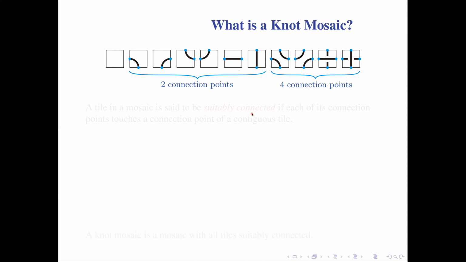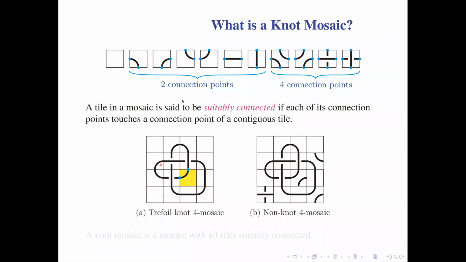Next, a tile in a mosaic, for example the tile in yellow in A, is said to be suitably connected if each of its connection points touches a connection point of a contiguous tile. So in A, all tiles are suitably connected.